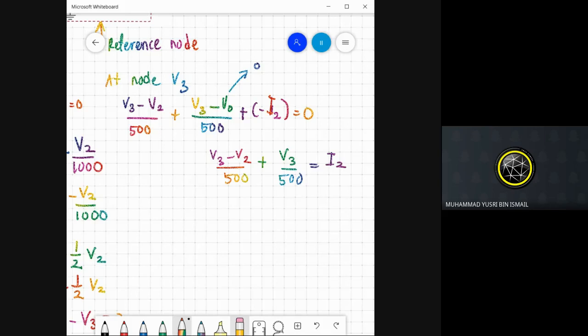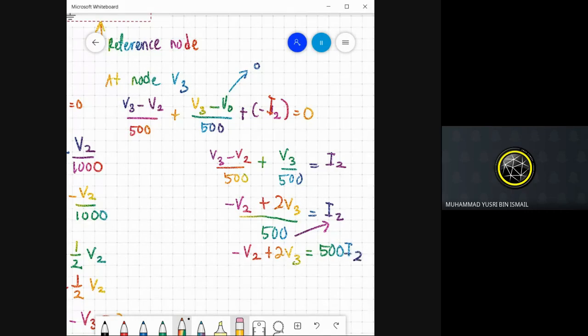Okay, then negative V2 plus 2V3 divided by 500 equal to I2. Okay, bring this to the right hand side. Then negative V2 plus 2V3 equal to 500 I2.